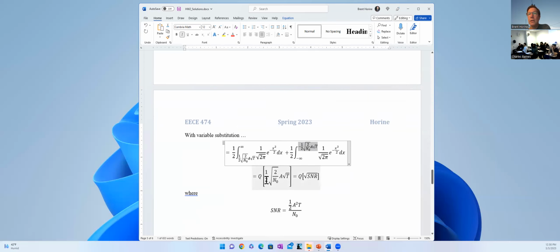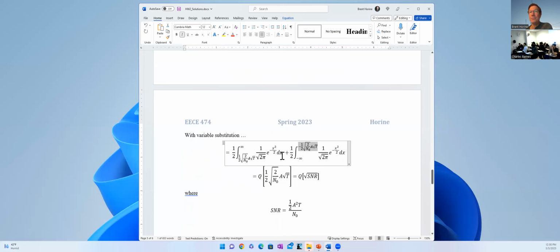And so then that turns out to be this Q form. You go back and look at the Q relationships when you have a Q of a minus argument.